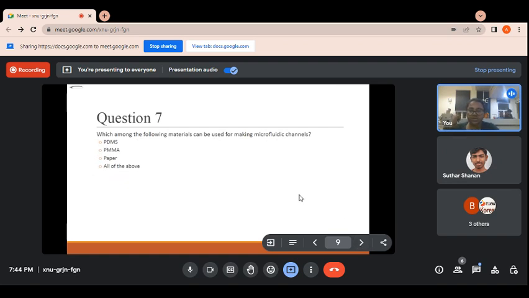So the next question is, which among the following materials can be used for making the microfluidic channel? The first option is PDMS, the second option is PMMA, the third option is paper, and the fourth option is all of the above. Please take your time and try to give the right answer. I think we use both PDMS and PMMA.